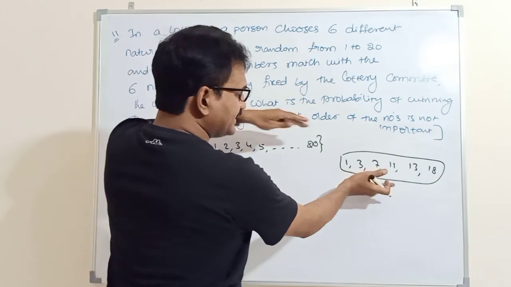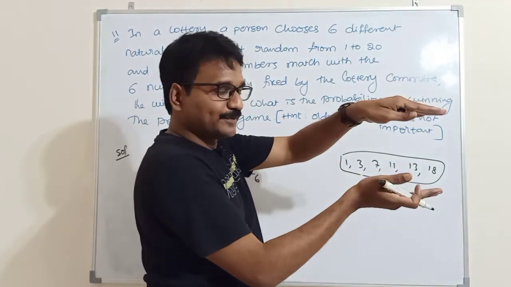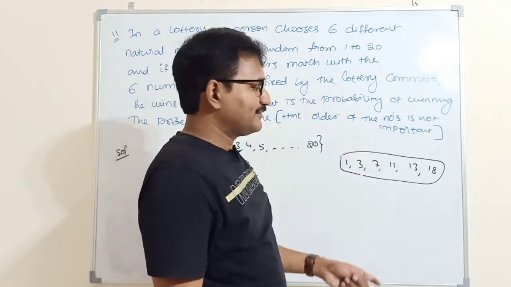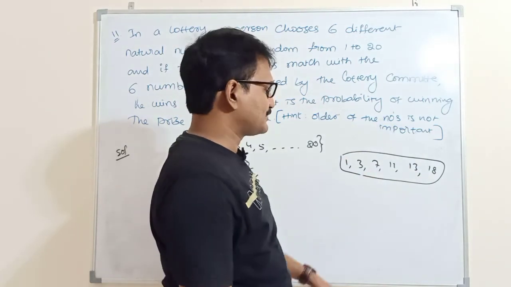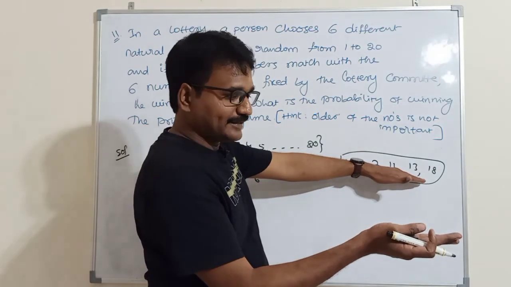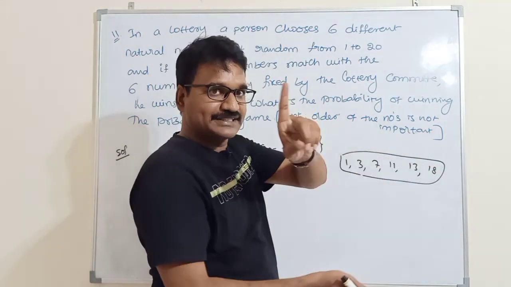That means my numbers and the numbers selected by the lottery people both match, then I will win the prize. Otherwise, I will lose. So how many chances are there for these numbers and the lottery committee's numbers to match? Only one chance is there.